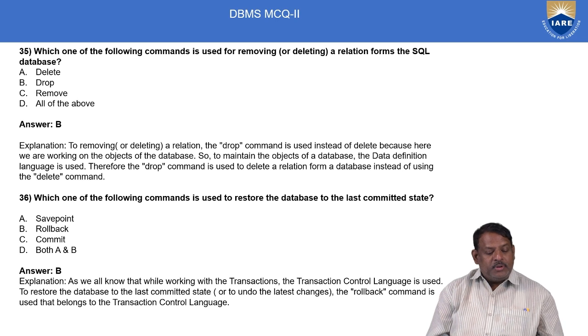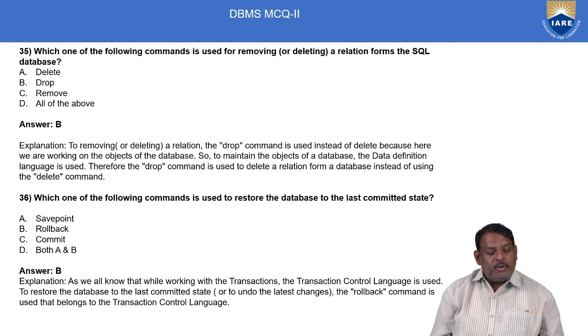For that we have options: save point, rollback, commit, and option A and B. Save point is saving to a temporary point, which we keep as a pointer. Rollback is to undo changes. Commit is to permanently save the database.